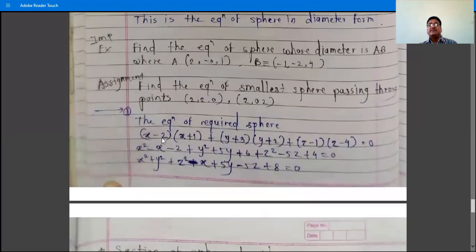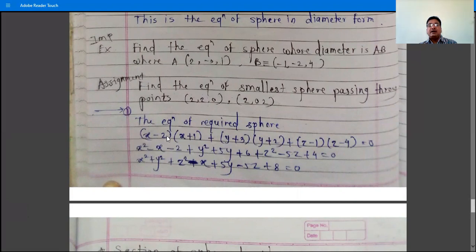So simplify this. Multiplying these two brackets, we have 4 terms: x into x, x square, then minus 2x plus x becomes minus x, and minus 2.